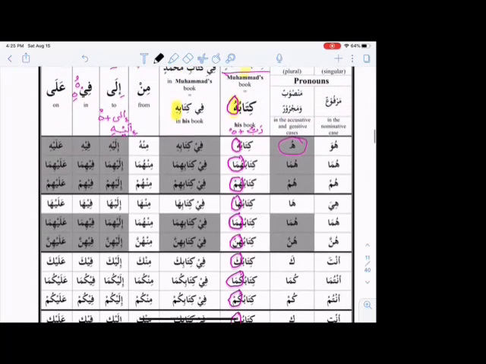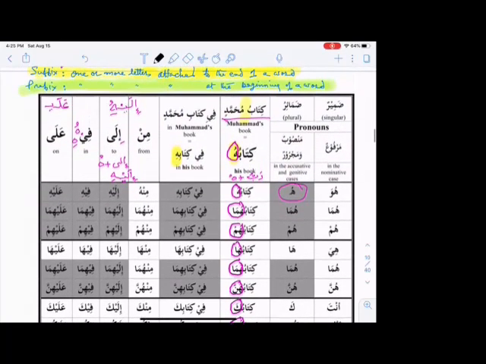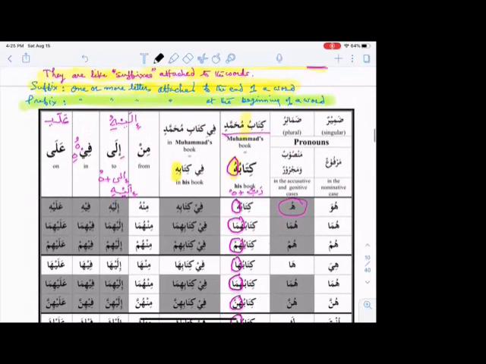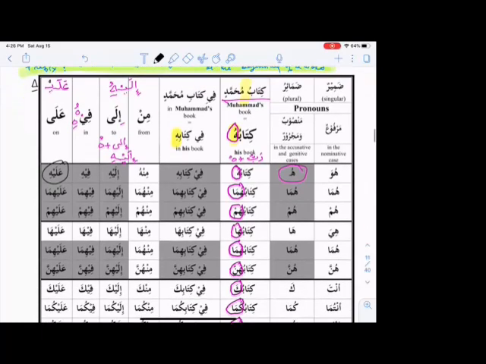Now let's do here, my brother and sister. Alayhi, see, alayhi. Let me write down he here. Alayhi, alayhima, alayhim, alayha, alayhima, alayhinna.